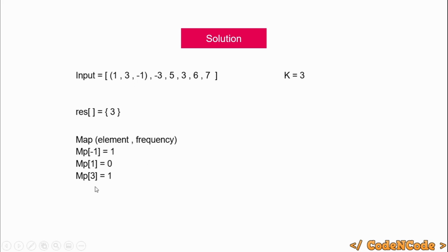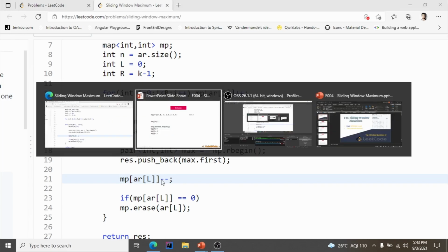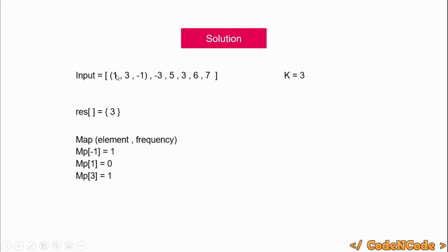To do that, you need to remove the frequency of the element represented by L, basically the first element of the current window, which is 1. L represents the start, and R represents the end of a window. So you need to remove the first element of the window. That's why I am reducing the frequency of the element represented by L.